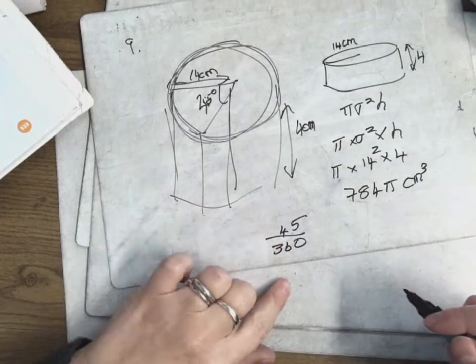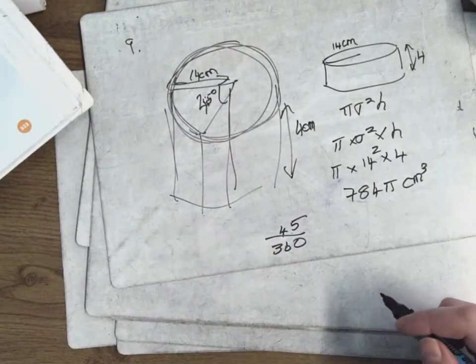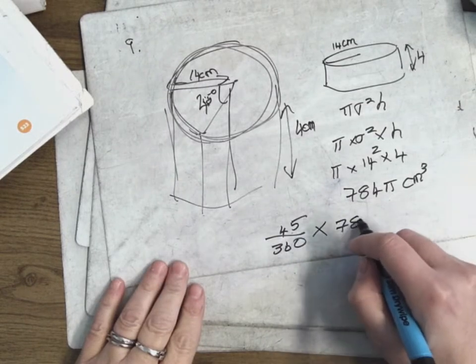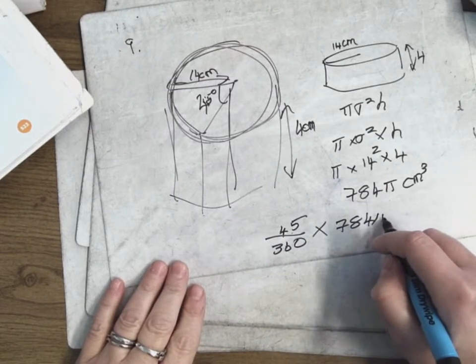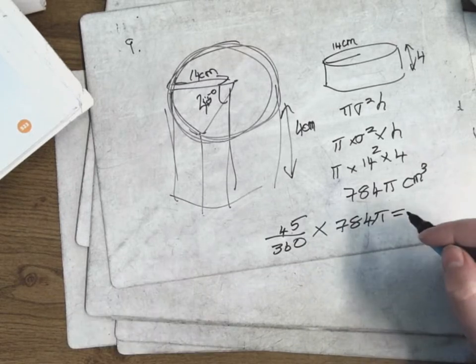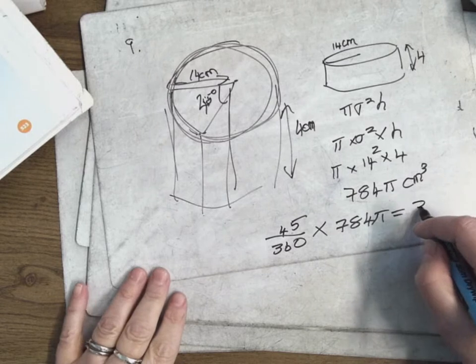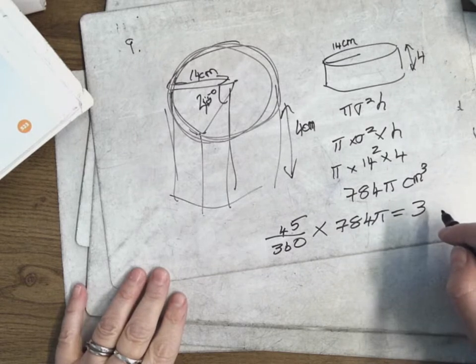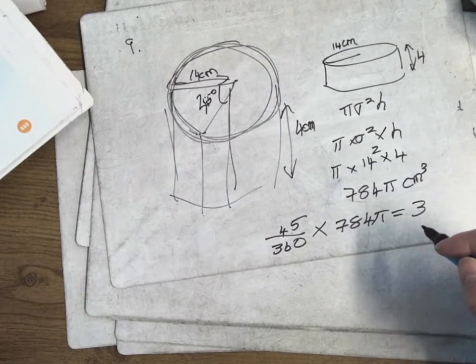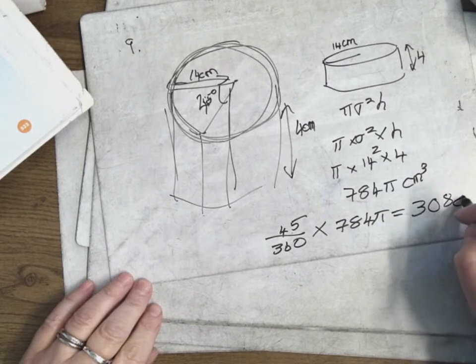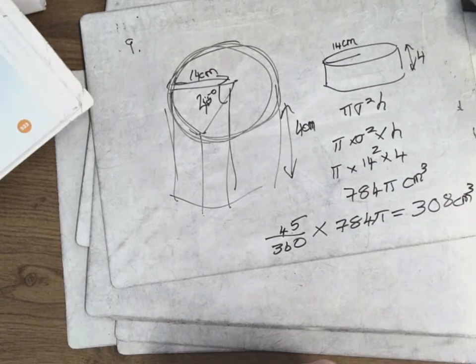That's the fraction of the cylinder we have. So you multiply that by the whole cylinder, which is 784 pi, into the calculator, and you round it to the nearest whole number, and you get 308 cm cubed.